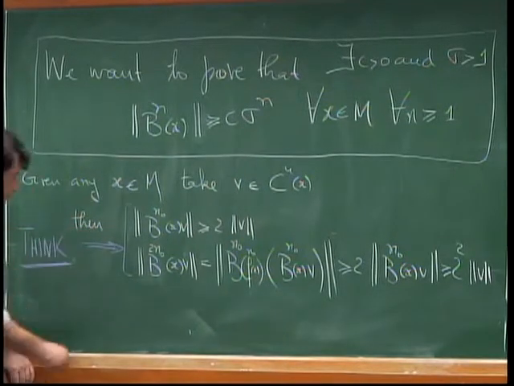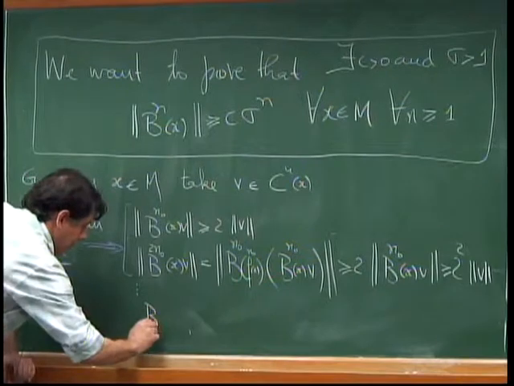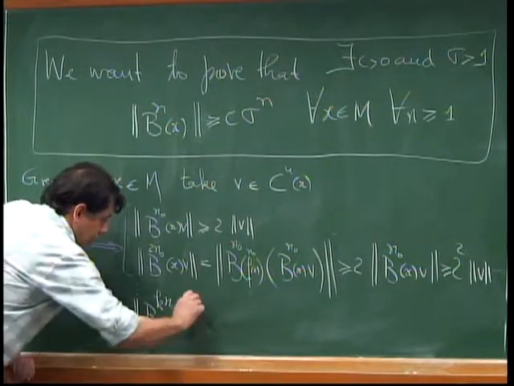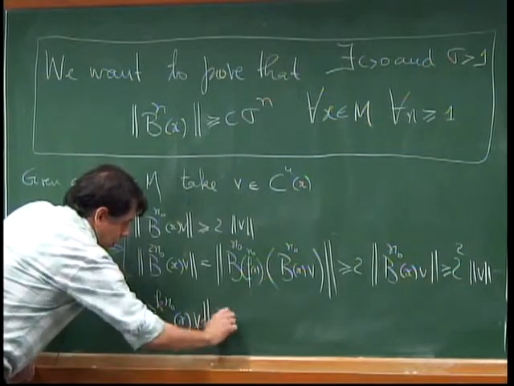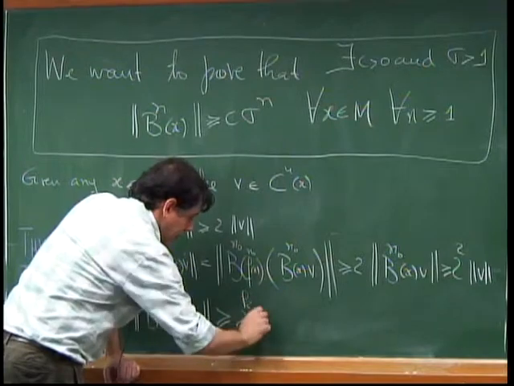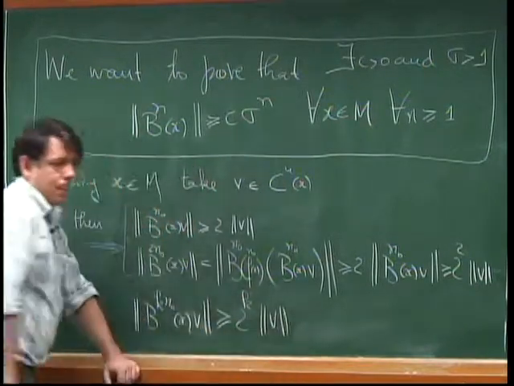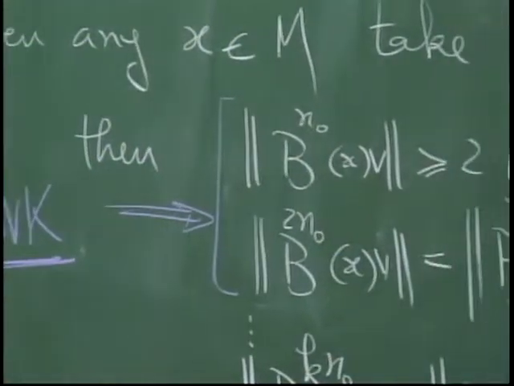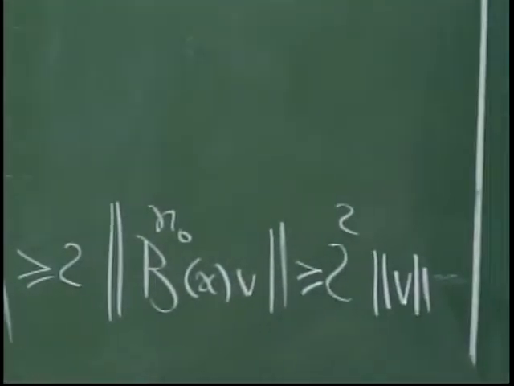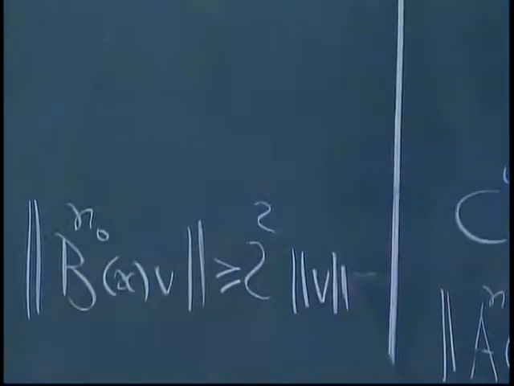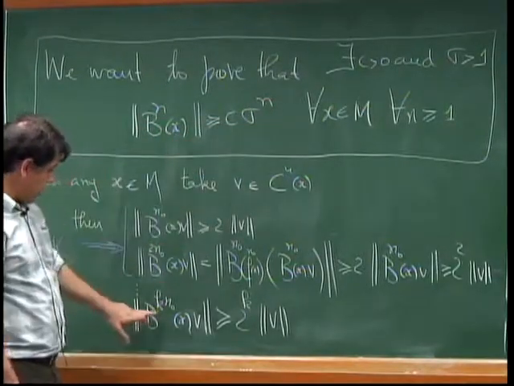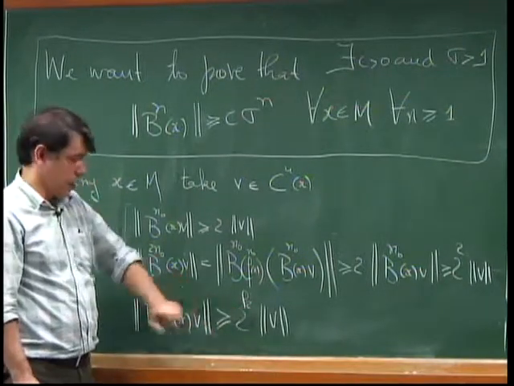So you repeat this argument, B^kn0 of x v is larger than 2 to the k times v. Okay? And this is essentially what I wanted. Wait, no, it's not what I wanted, because here is n and here is n, and here I have kn0 and here I have k.